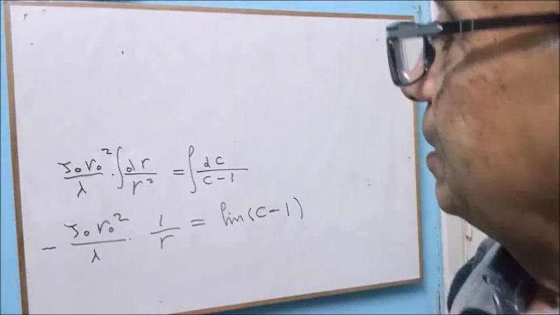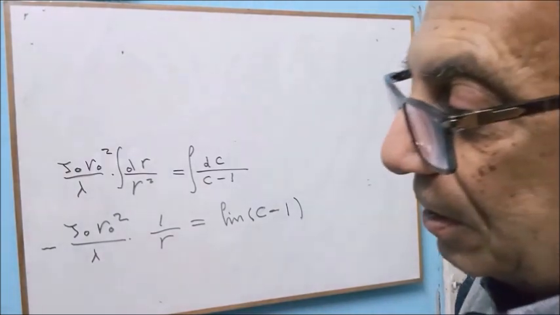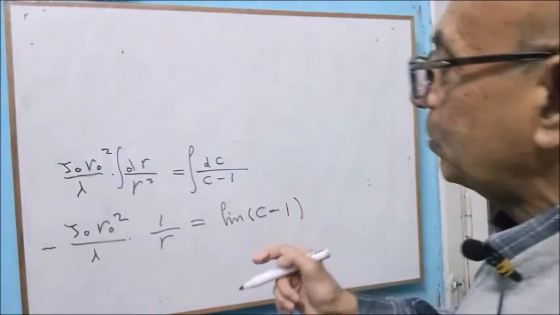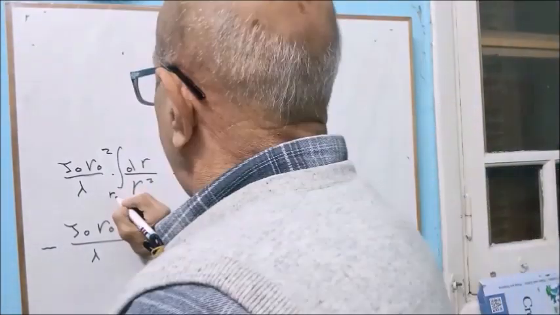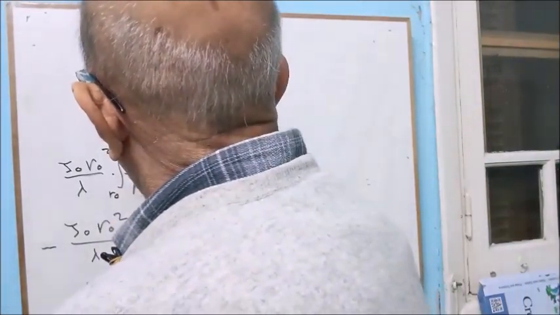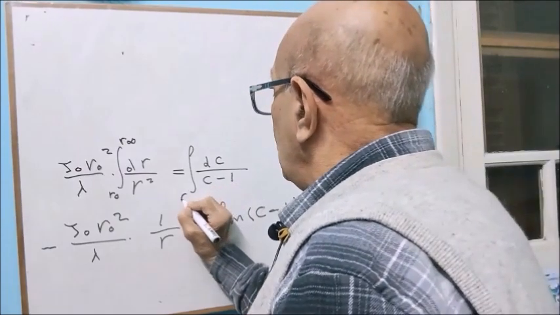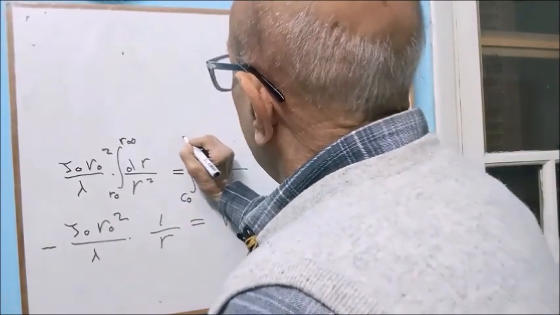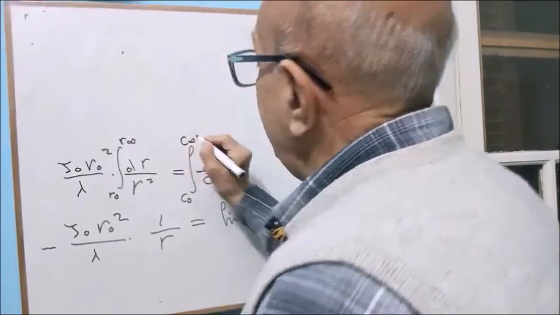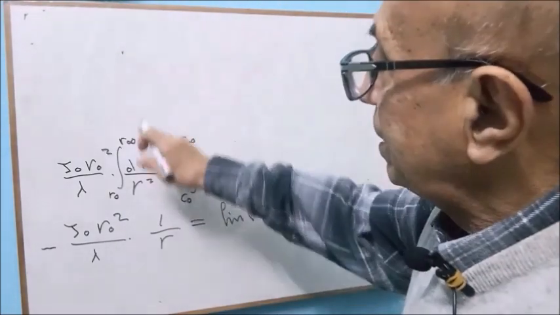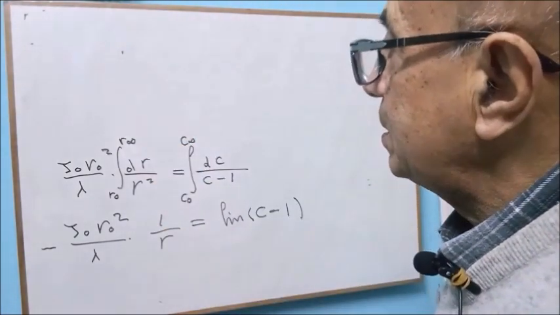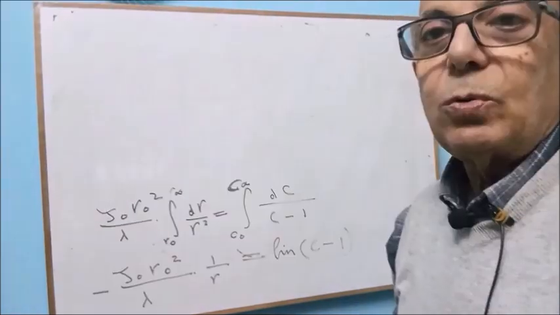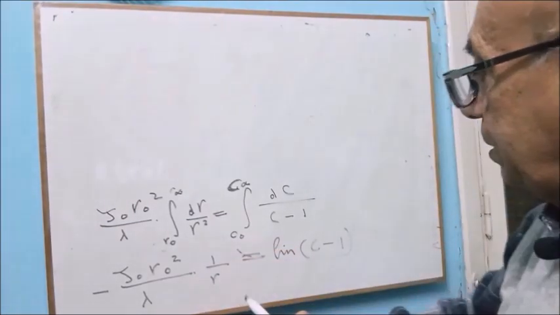So here, of course, our integration is from the first condition to the final condition, which is from R0 to R infinity, and from C0 at the surface of the droplet to the concentration C infinity at a farther distance. R infinity is R when the particle nearly diminishes. So what we have here is to integrate.